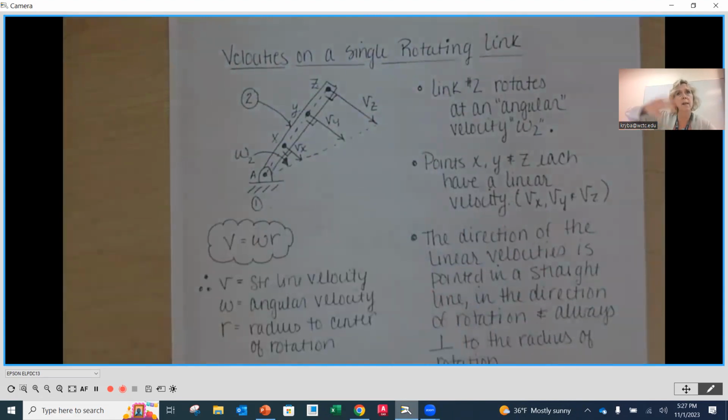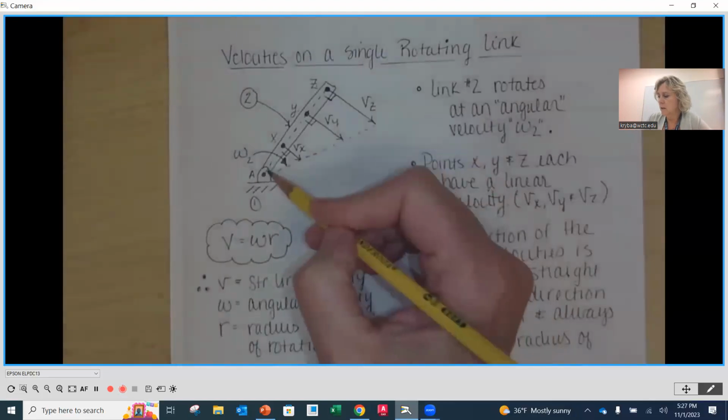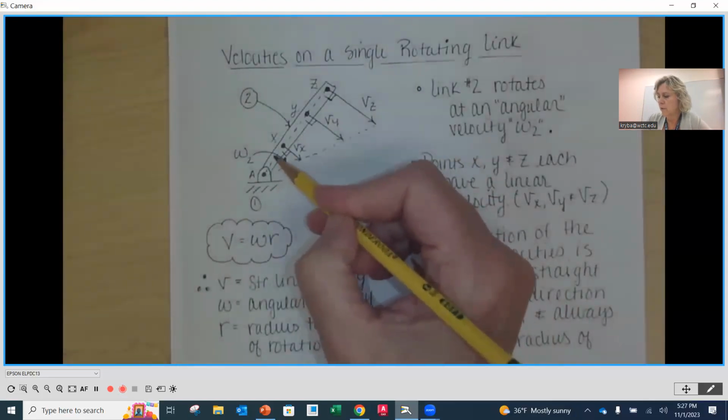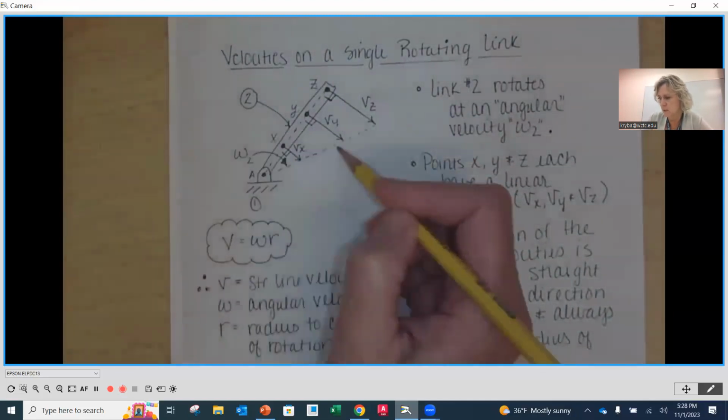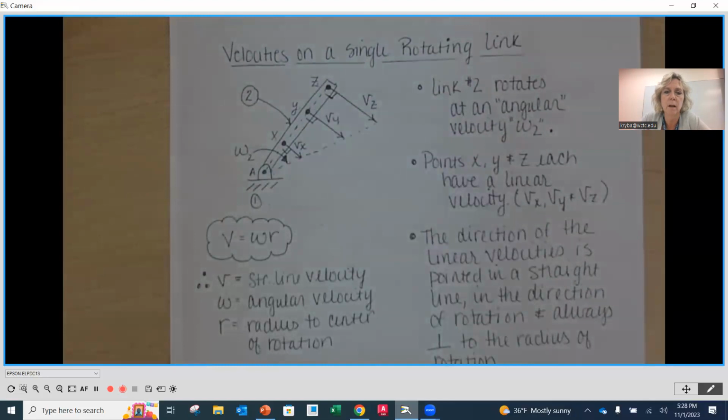Remember, everything on that link has the same rotational speed, whether I'm out at the end or close to the middle, close to the center of rotation. They all are going to be rotating at 100 RPMs, okay? And then the velocity is going to get greater and greater the further I am away from that center of rotation. So as r, that radius, that distance, increases, my velocity is going to increase as well. And that's this relationship that we see here.